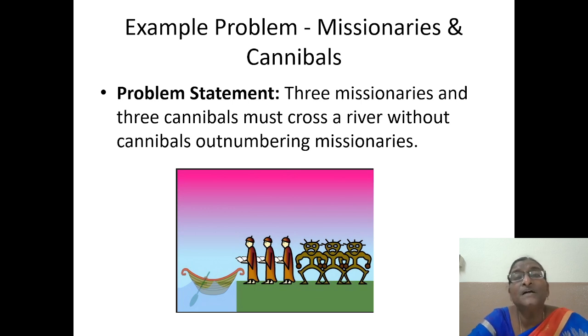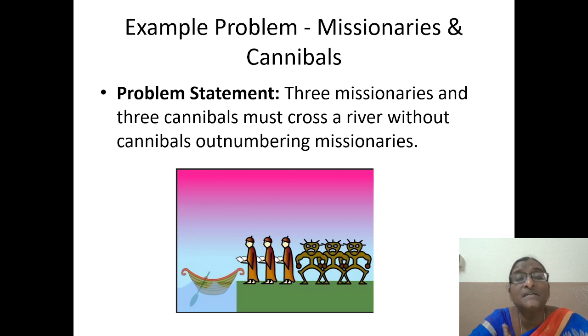Example problem. We are considering the missionaries and cannibals problem. In this problem statement, we can see that there are 3 missionaries and 3 cannibals. You can see the river bank, and a boat is present there. These 3 missionaries and 3 cannibals should move from the left bank to the right bank.